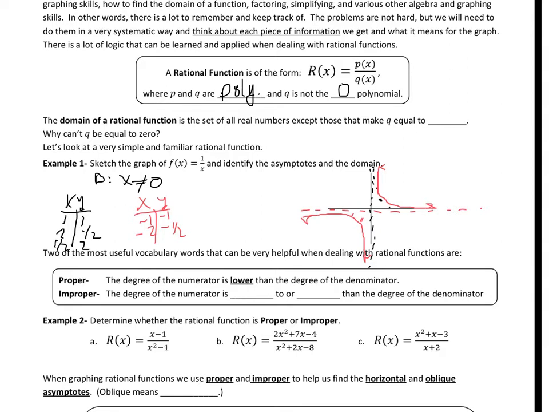So with that definition, let's see what's proper and improper. x minus 1 over x squared minus 1. Proper, improper?